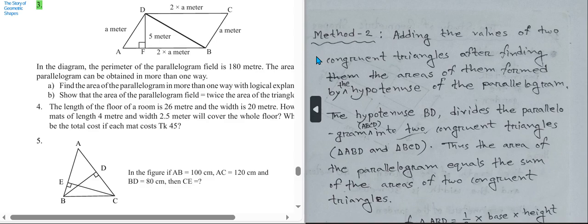So there is a word, congruent. Congruent triangles means both triangles are the same size and same shape. One shape can be repositioned or flipped to coincide with the other shape.